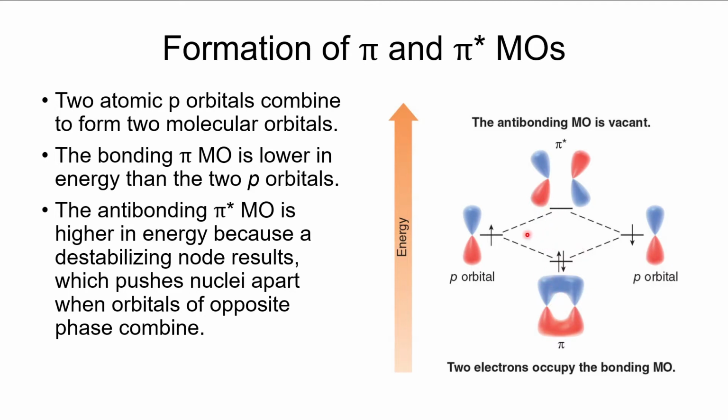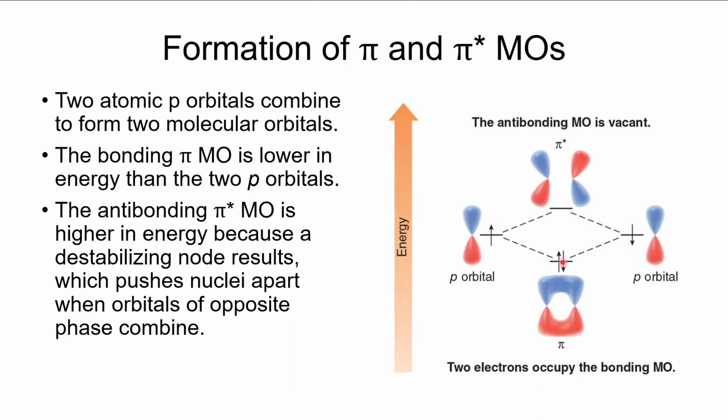But fortunately, because of the rules of molecular orbitals, or orbitals in general, when we take these two electrons and put them into an orbital, they're going to go to our lowest energy orbital first. And so in the ground state, when it's in its lowest energy arrangement, the electrons are going to be in the bonding molecular orbital.